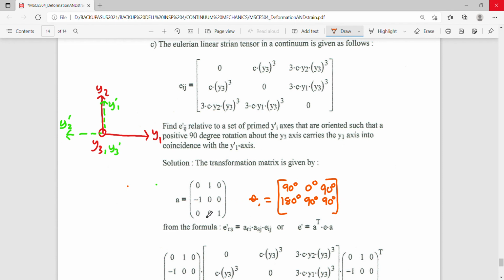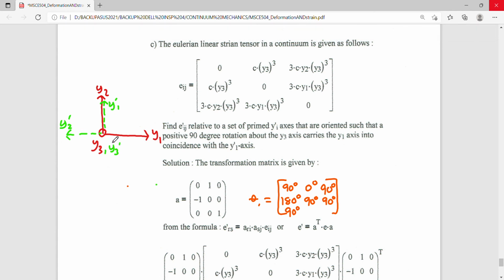Then 3 to 1 is 90, 3 to 2 is 90, and 3 to 3 is 0.